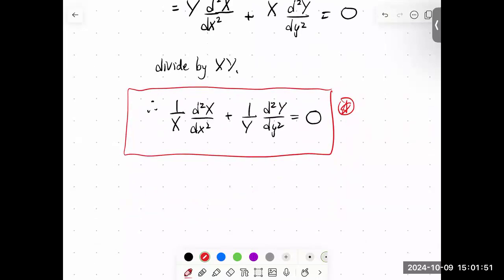Yeah, that's right. I could imagine a situation where I sit at some position x, y, and these two terms have some values. They have to add up to 0. And then maybe I keep my x fixed, and I move to some new y position, right over here.